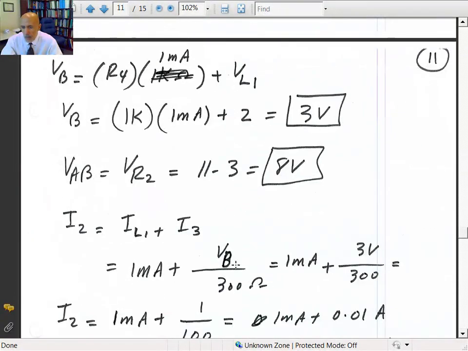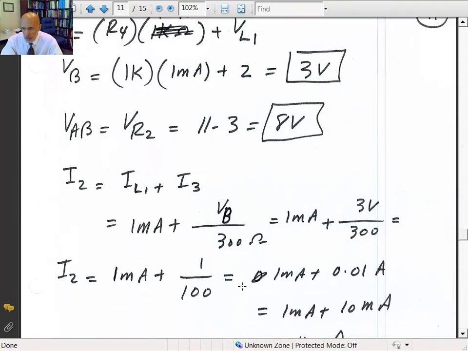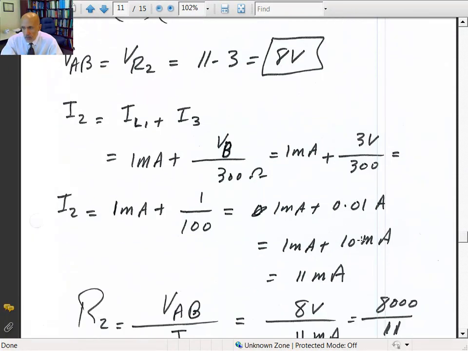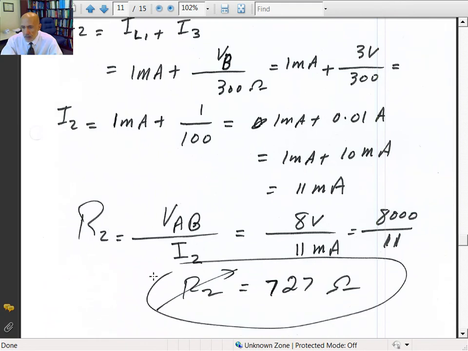So I2 is equal to IL1, that's 1 milliamp, plus I3. I3 is V sub B divided by 300 ohms. That gives you 0.01 amp, which is 10 milliamps, so that gives you 11 milliamps. Therefore, R2 is equal to V sub AB, which we calculated to be 8 volts, divided by I2, which is 1 plus 10, or 11 milliamps. That gives you 727 ohms.